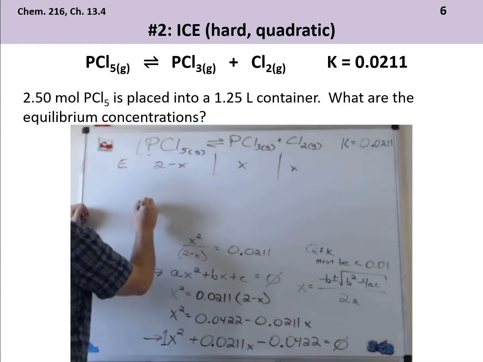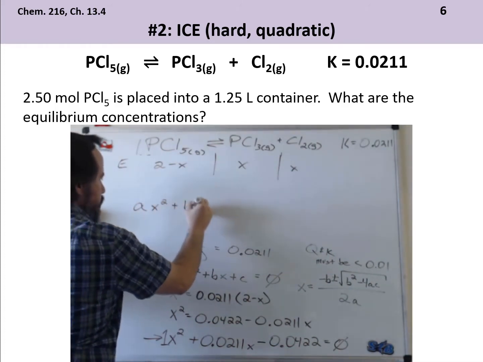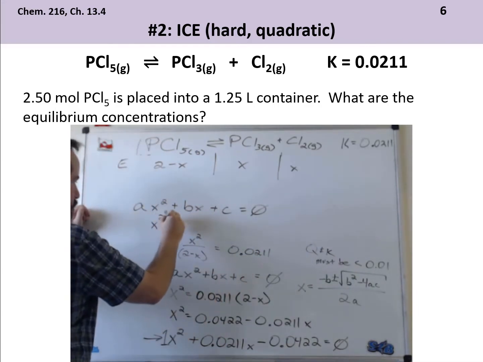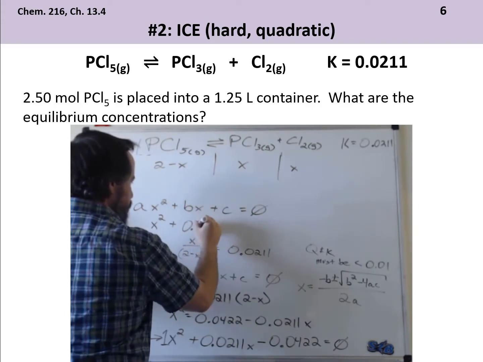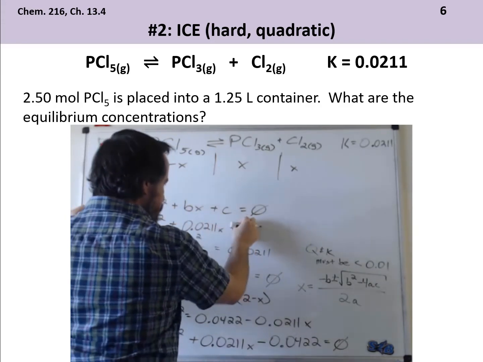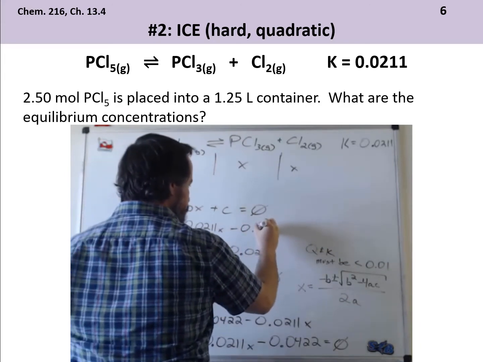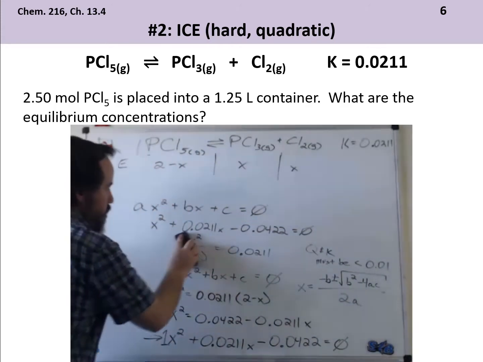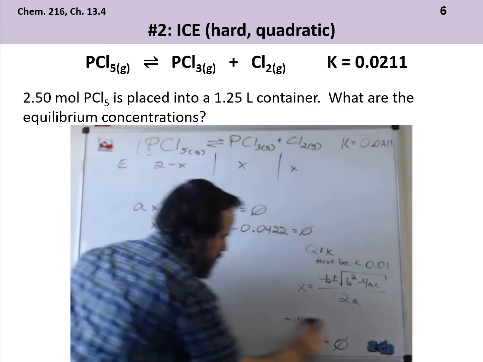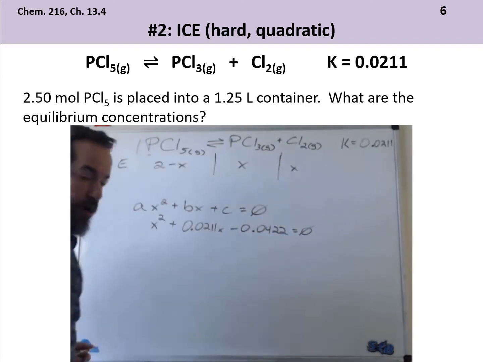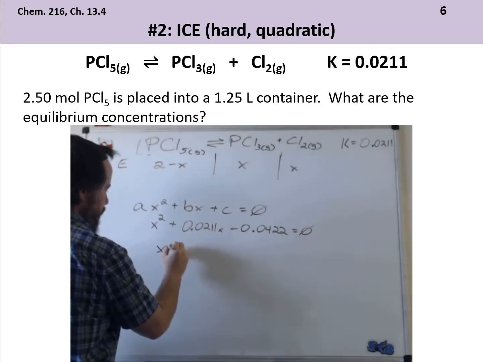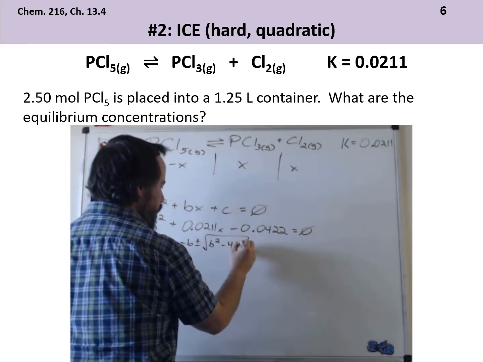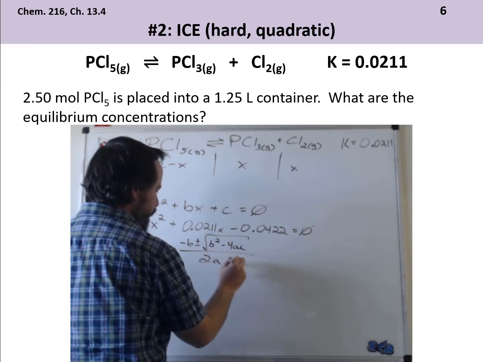And now we have x equals negative b plus or minus the square root of b squared minus 4ac, over 2a.